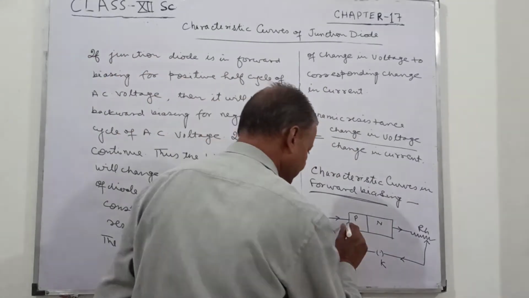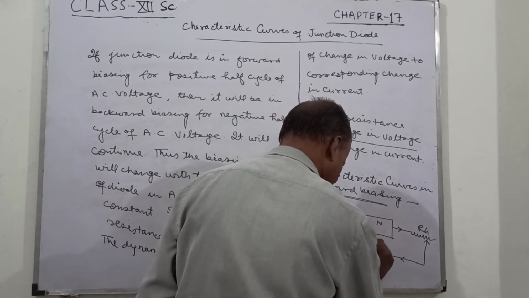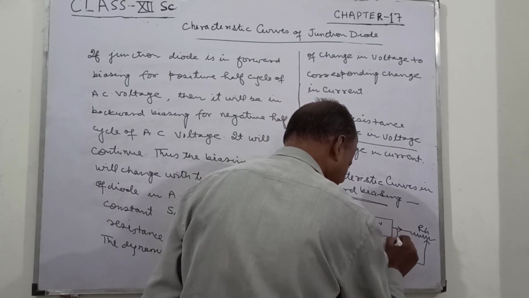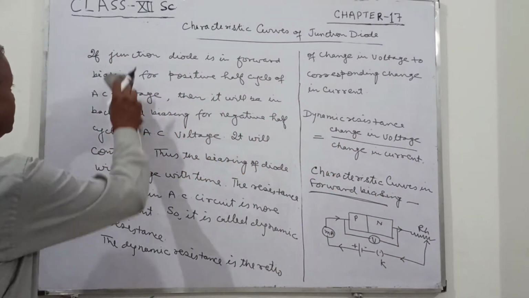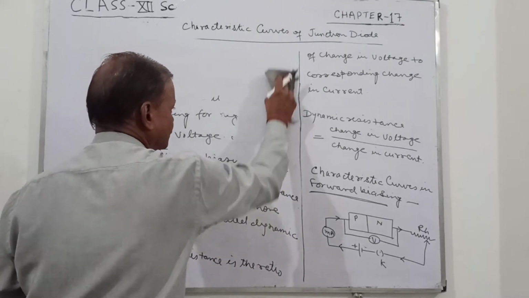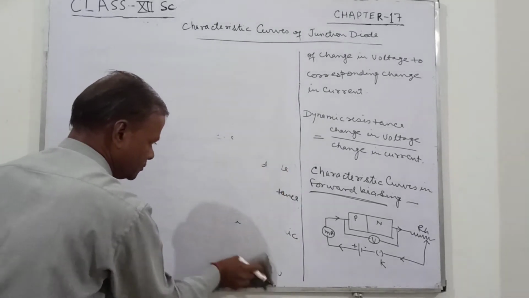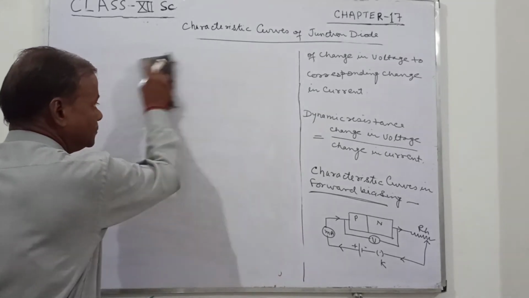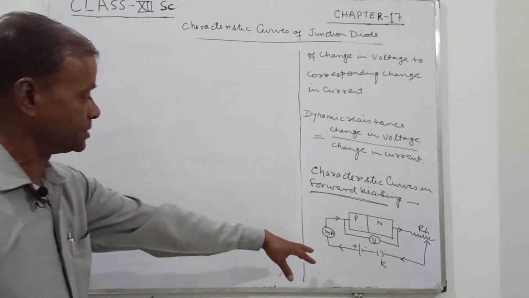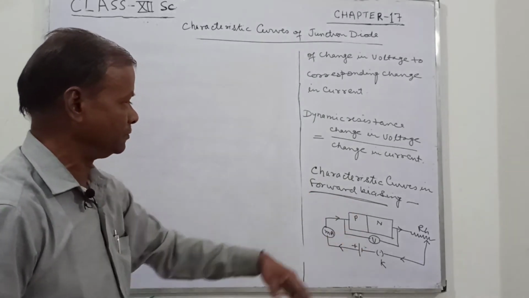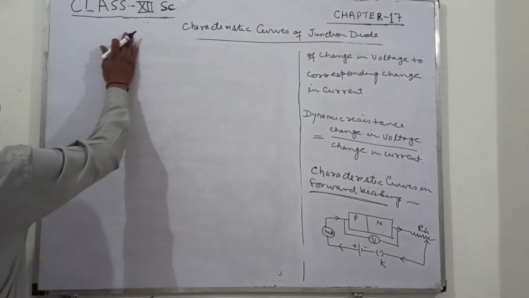And for measurement of the voltage across this junction diode, we have a voltmeter V. This is the voltmeter. Now here I have shown the electrical circuit of the forward biasing.